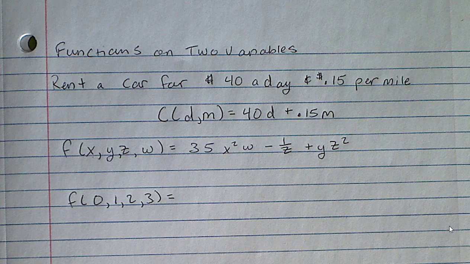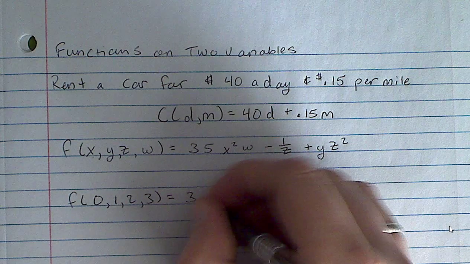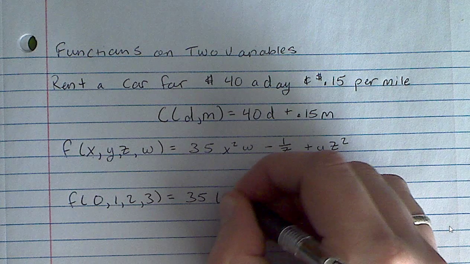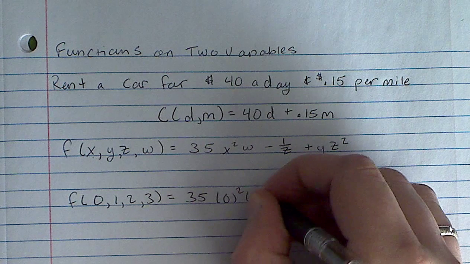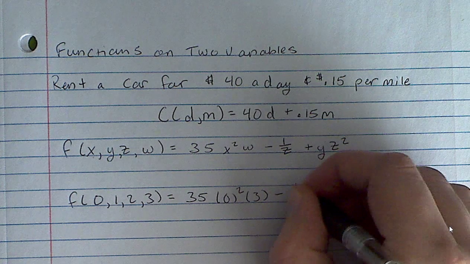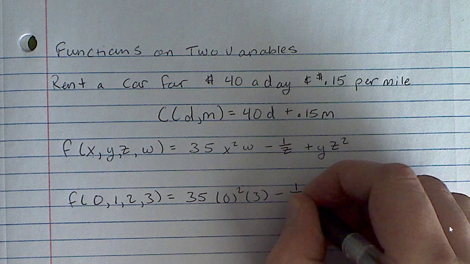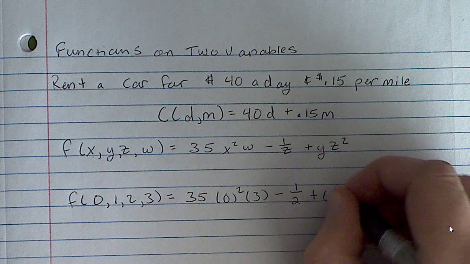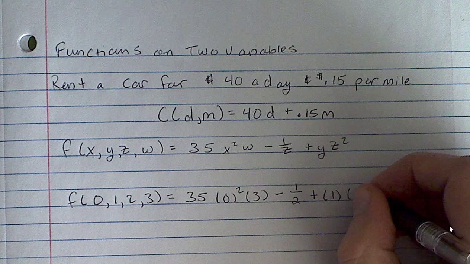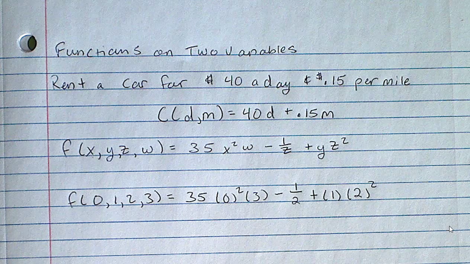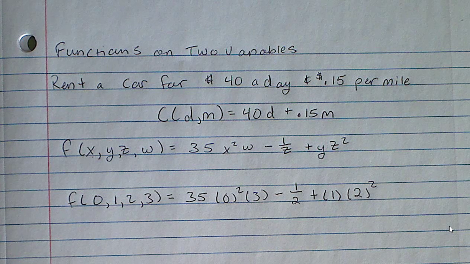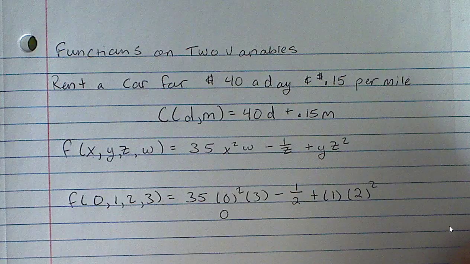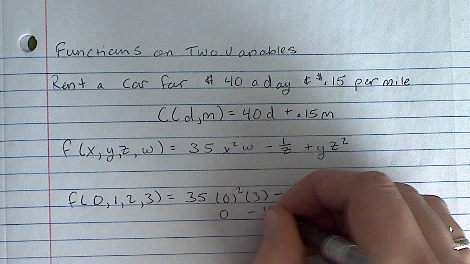So this would be 35 times 0 squared times 3 minus 1 over 2 plus 1 times 2 squared. So that entire first term turns into 0. So this is 0 minus 1/2.